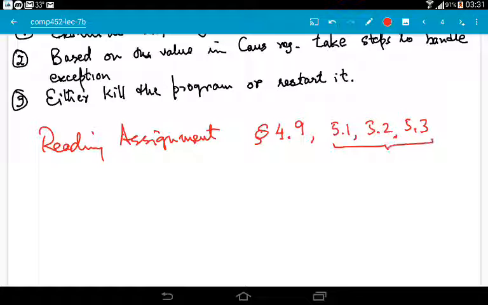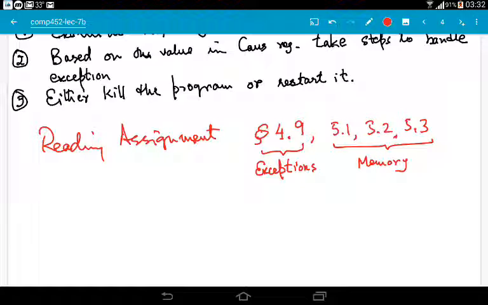This is the chapter on memory, and this is the section on exceptions. Okay, so this is where we are going to stop. By the way, there is a check yourself quiz.